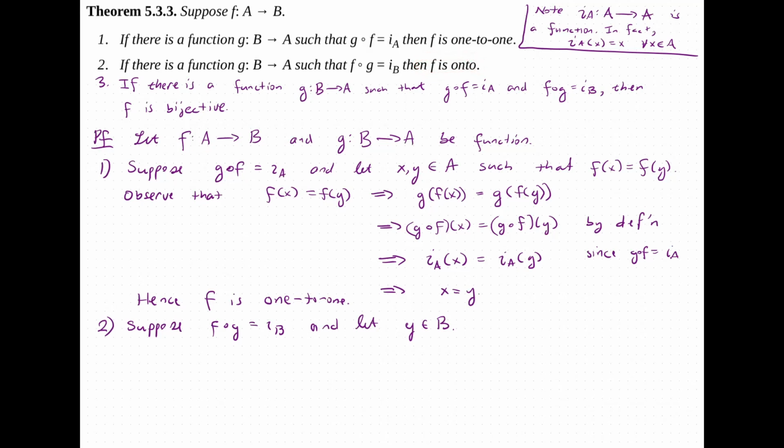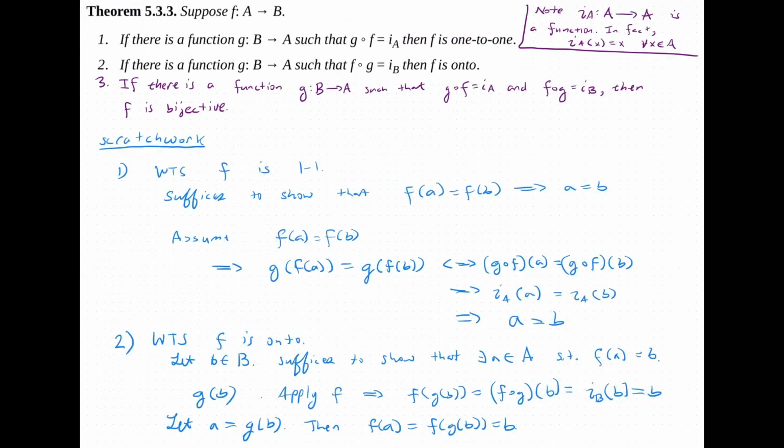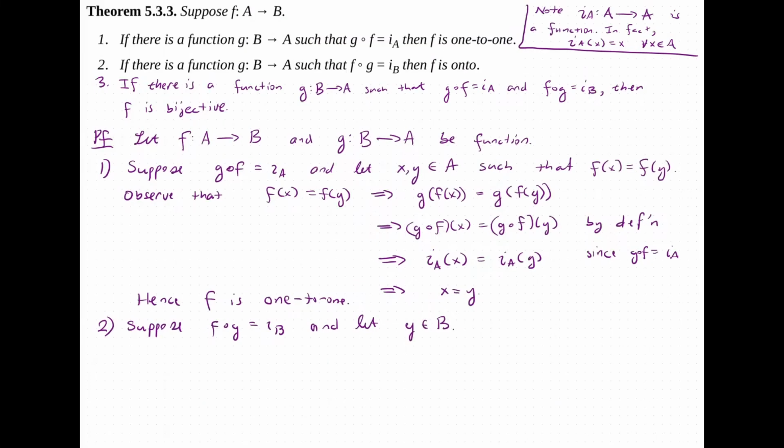But from the scratch work, we know that we just have to take our element a to be g of y. And so now I'm going to switch to x's. So now let x be equal to g of y.